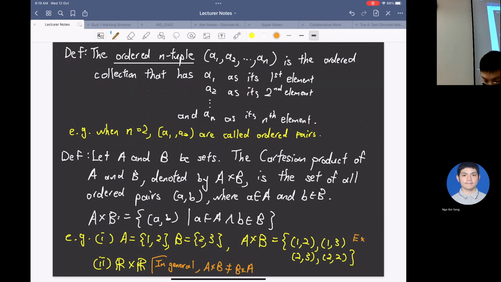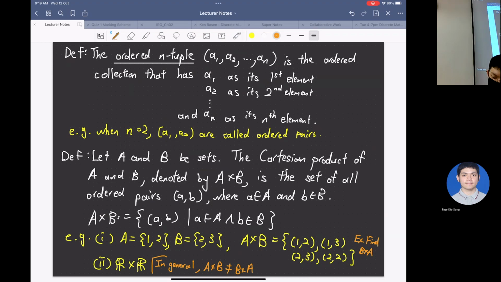So, exercise: find B cross A, and then show that they are not the same. They're not the same because they don't have the same elements. They have different elements.